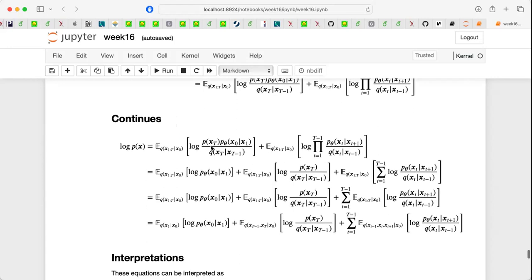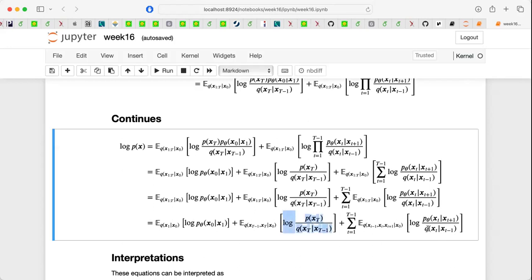We end up with the final expressions, which are this first term, the second term, and the third term. If you look at these expectation values, this term here can be rewritten as a Kullback-Leibler divergence, and the same with this term here.